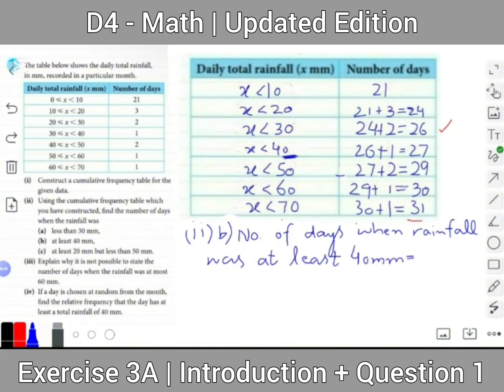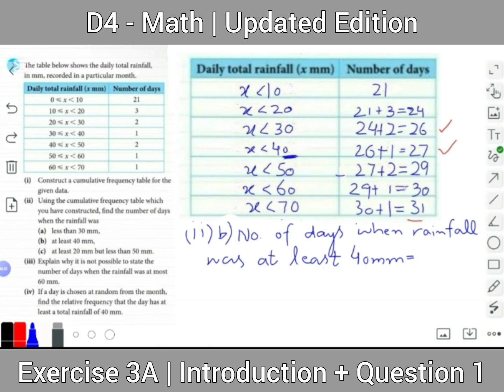So for this, we have to subtract the value when the total daily rainfall is less than 40, and that is 27.